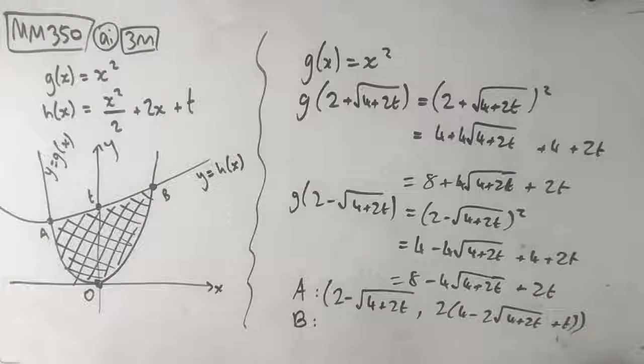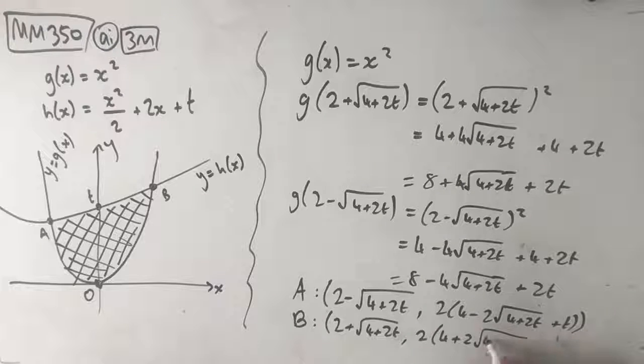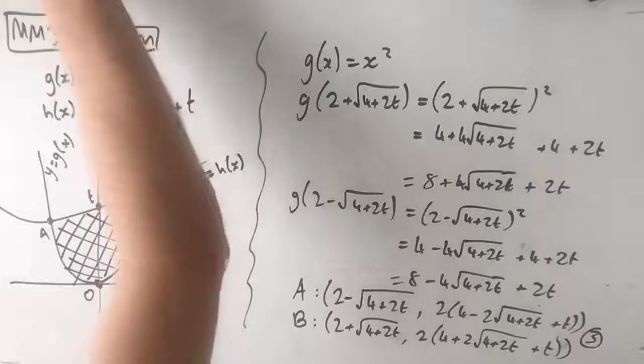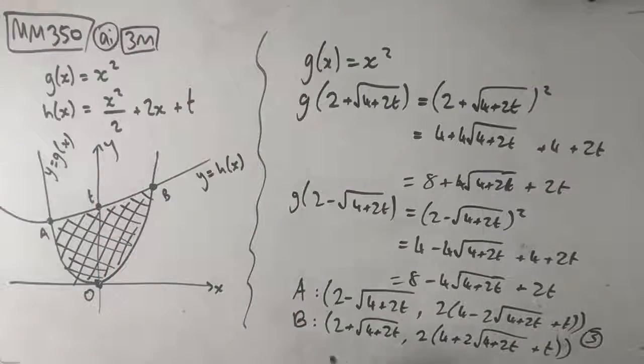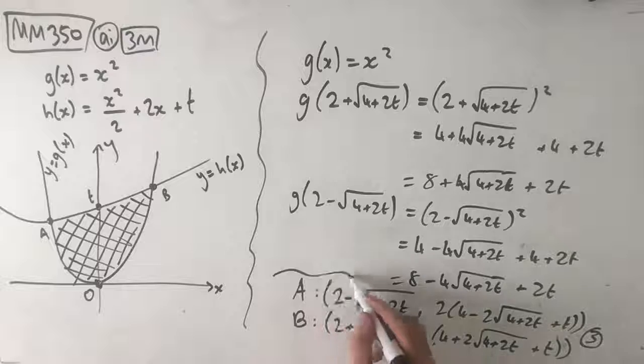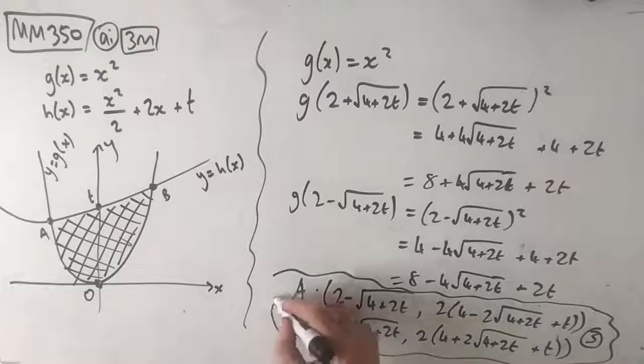And b is 2 plus root 4 plus 2t, 2 outside of 4 plus 2 root 4 plus 2t plus t. Fantastic. And that's it for this question. So that's our third mark right there. And our second mark comes from getting our x values, which I mentioned, and that's it.